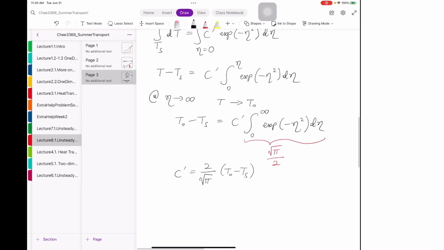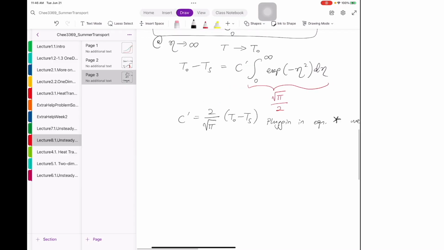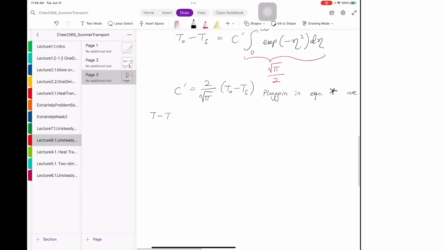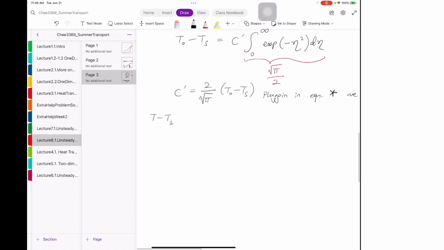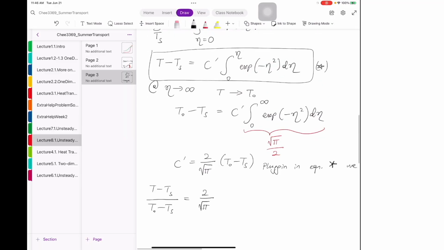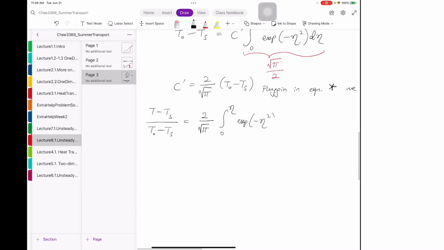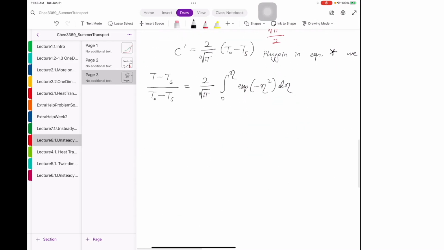And if we replace it in this equation, let's say star, plugging in equation star, we get (T minus Ts) divided by (T0 minus Ts) is equal to 2 over square root of pi, integral from 0 to eta, exponential minus eta squared d eta.